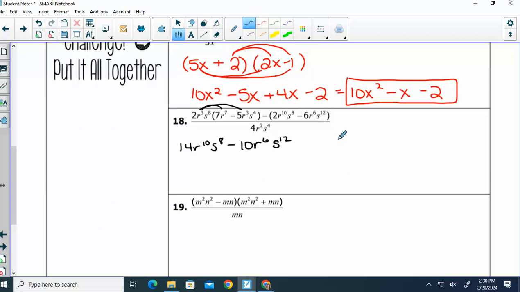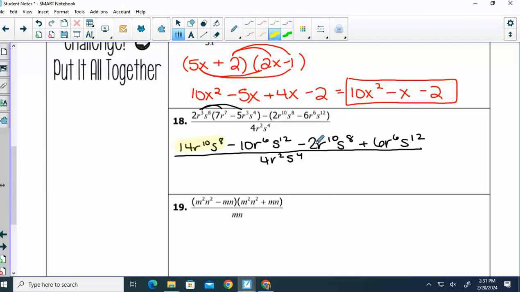What do you have to distribute through the second parenthesis? Just the negative. So it becomes a positive 6. Okay, do we have any like terms? We can add them together if their variables are the same.